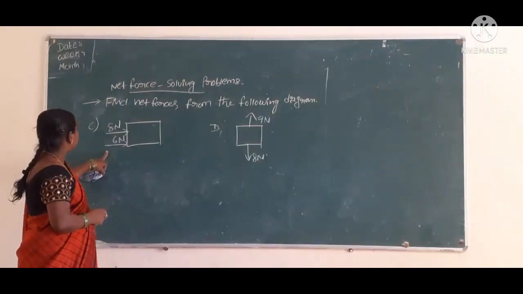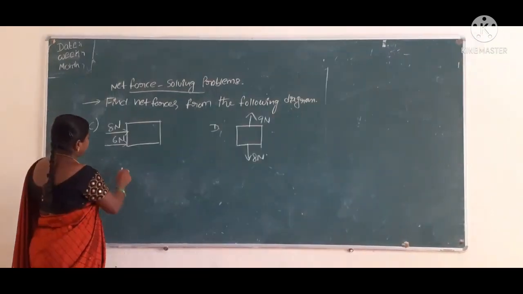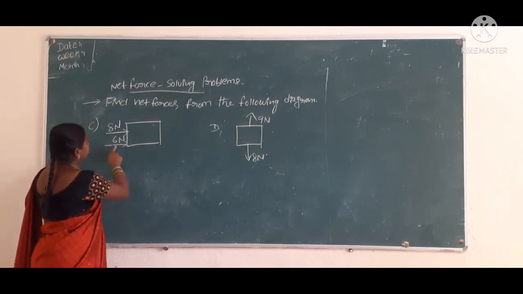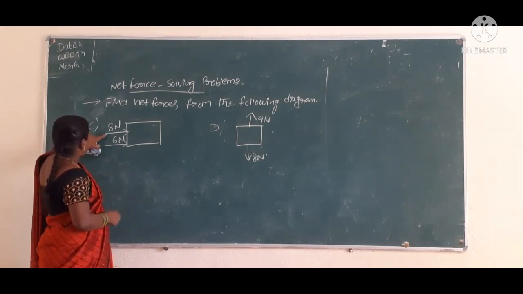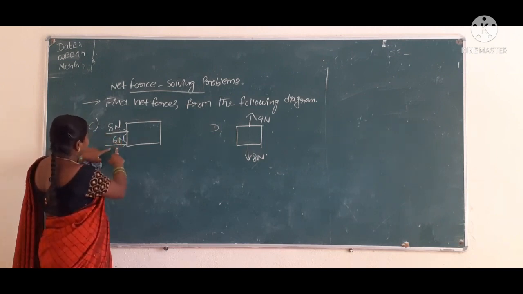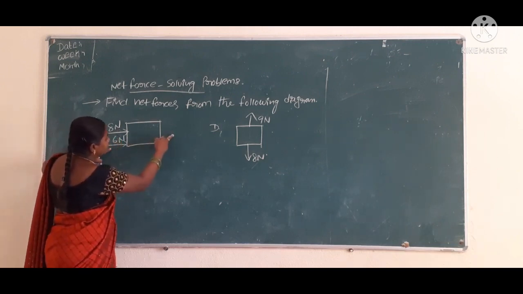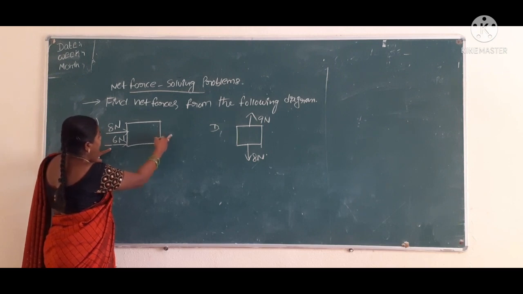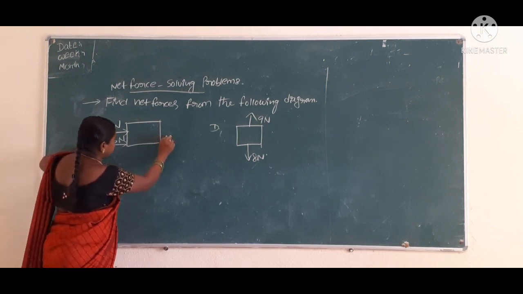Observe diagram C. On the left side, the forces acting are 8 newtons plus 6 newtons, and on the right side the force is 0.